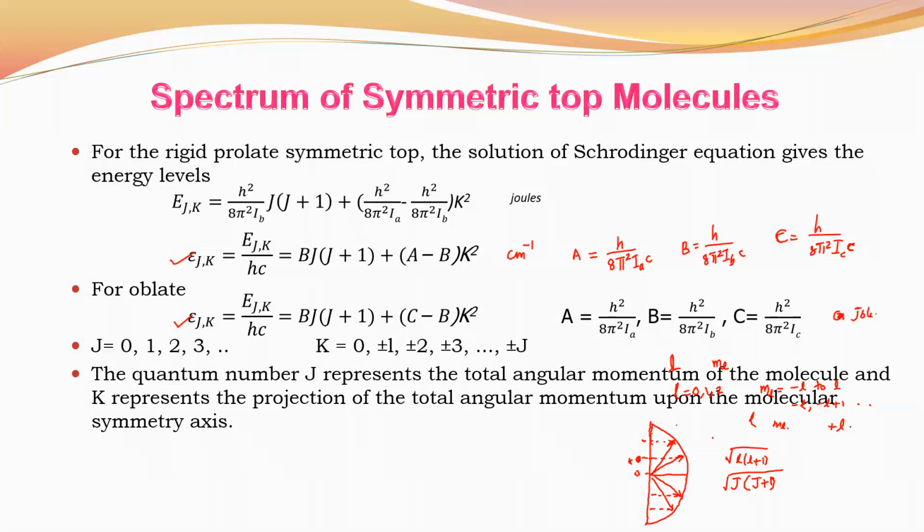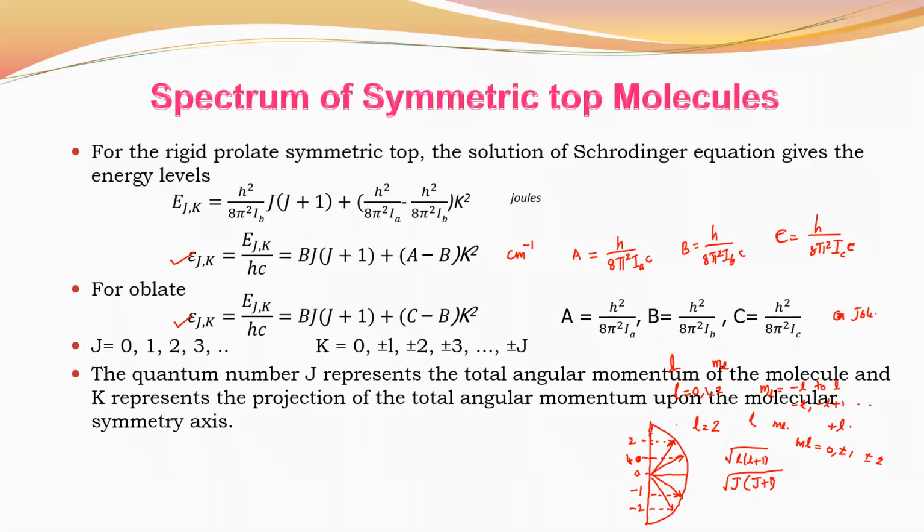I take a particular value for L. For L equal to 2, ML must have values 0, plus or minus 1, plus or minus 2. So in our case L is equal to 2, then it must be equal to 1, and this must be equal to 2. And here it must be equal to minus 1, and it must be equal to minus 2.